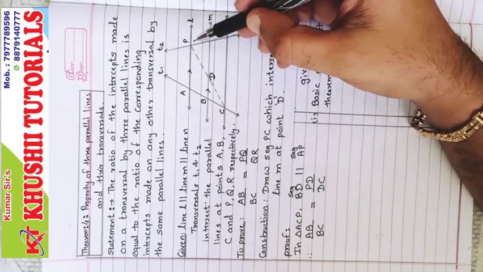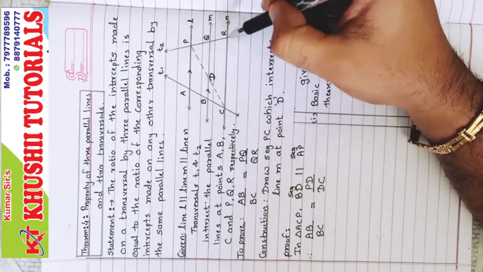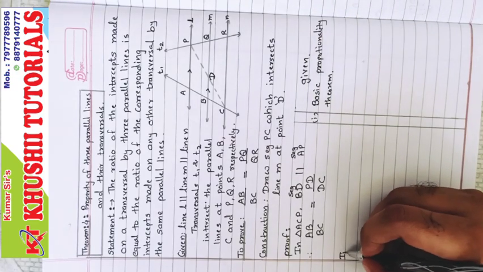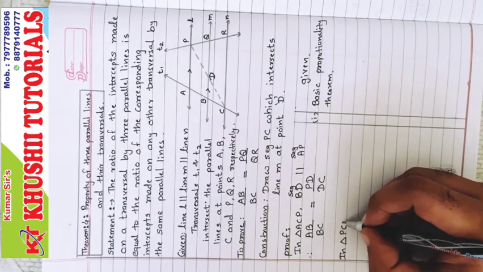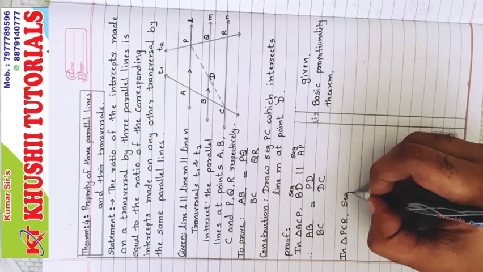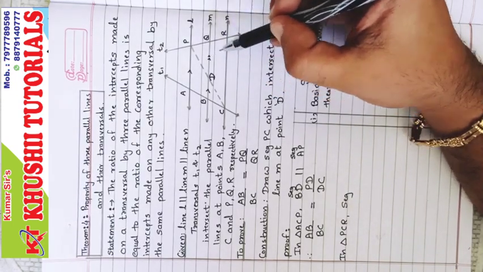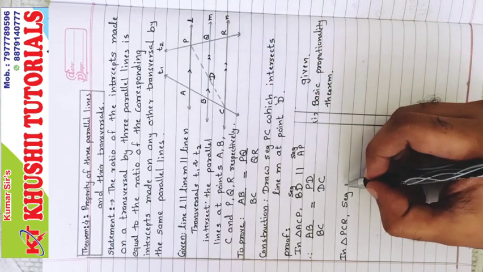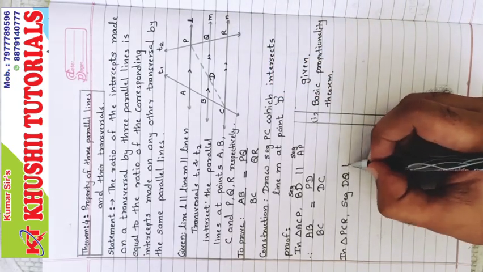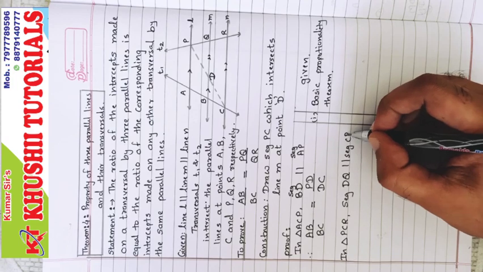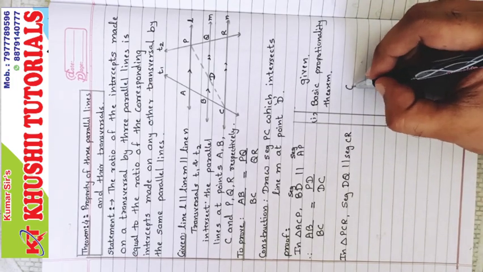Now second triangle. Triangle is PCR. So we'll write in triangle PCR, which segments are parallel? DQ is parallel to seg CR. And what will be the reason? Given.